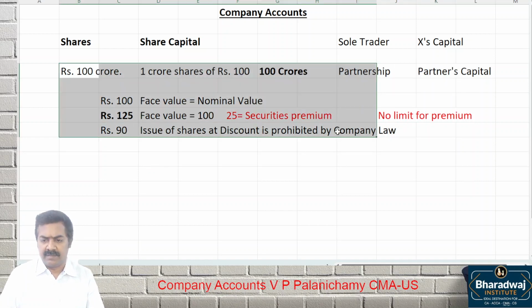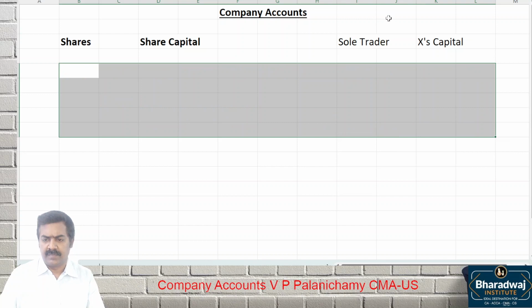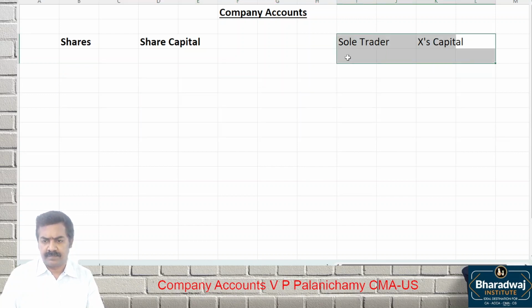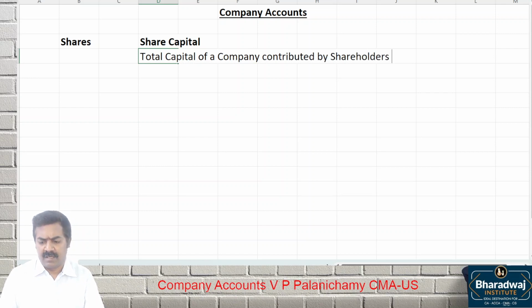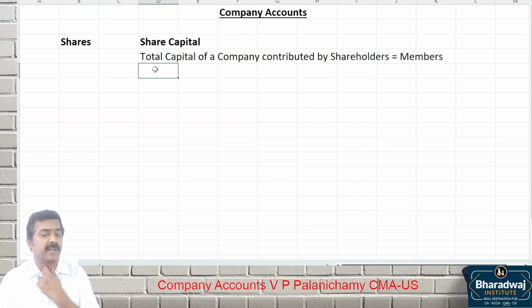Share capital. Below that: total capital of a company contributed by shareholders are called as members. Total capital of a company contributed by shareholders are what?